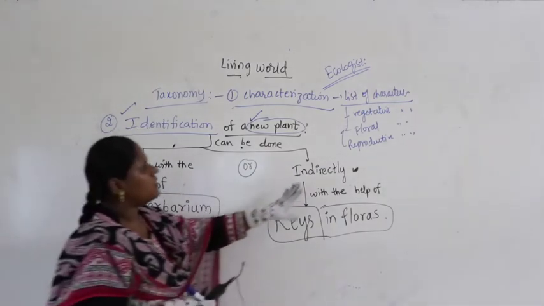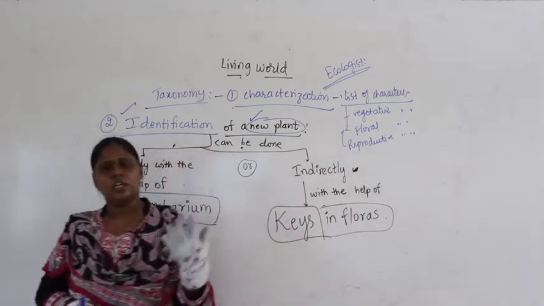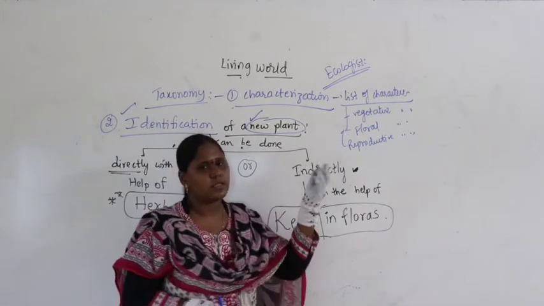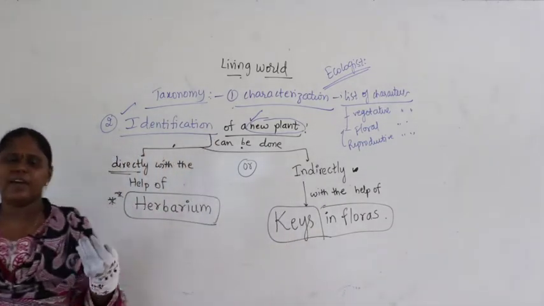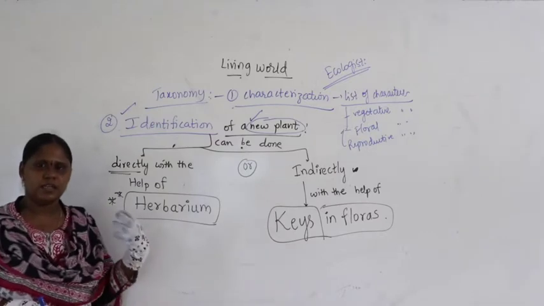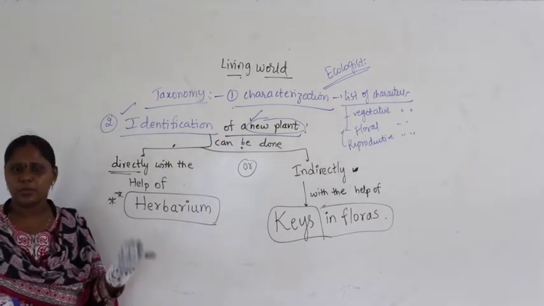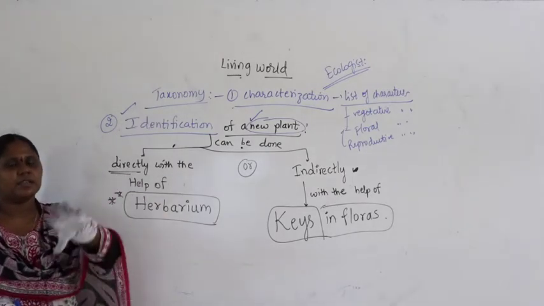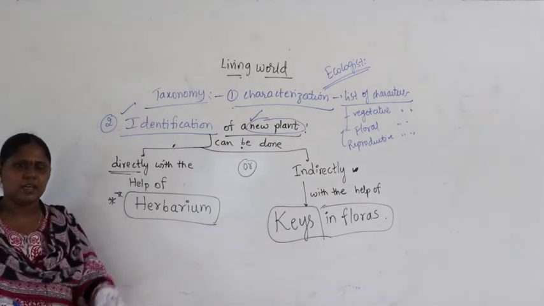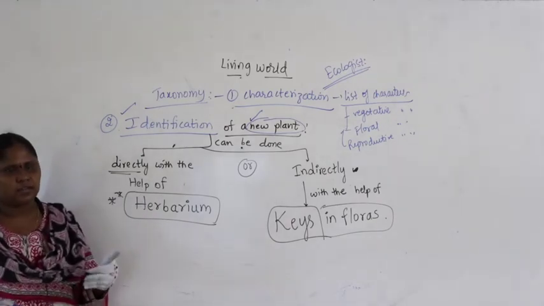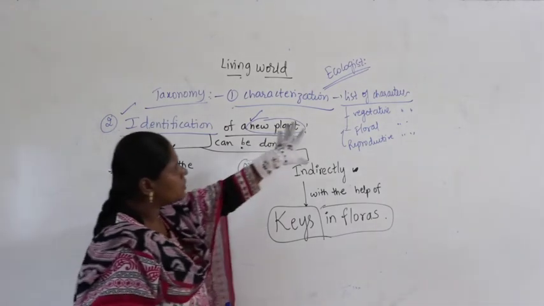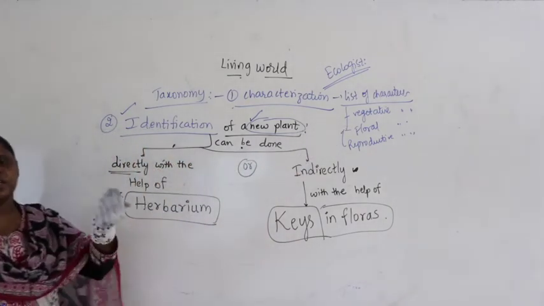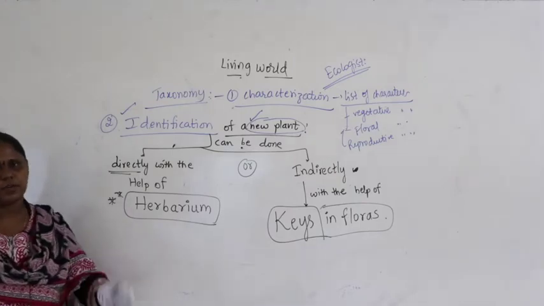With these characters, as he has noted on the paper or sheet or file, he will try to compare them with the list of plants available in the district library, the district research center, where all the plants identified in the district are available at one place with a description of all characters. Now he will take all the characteristics of the new plant and try to match them with the list of known plants available with the local or district research center.